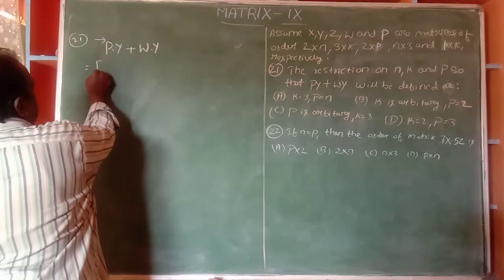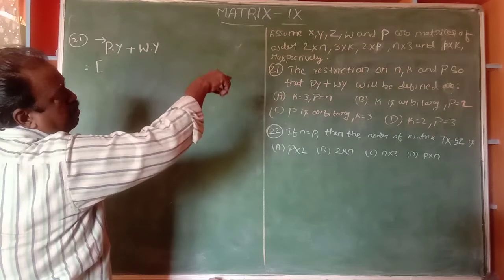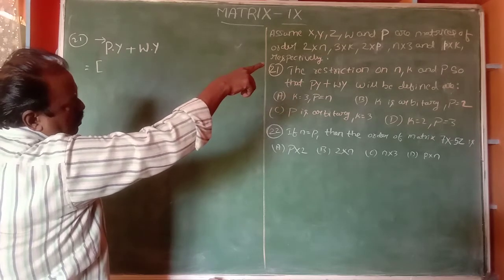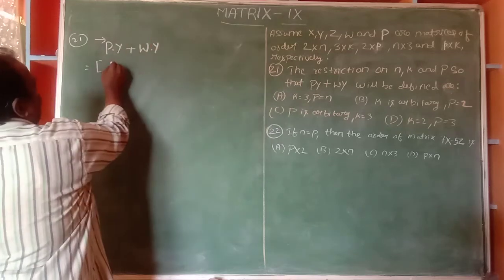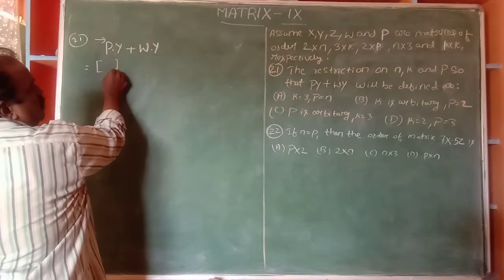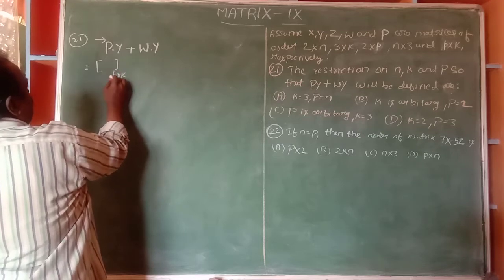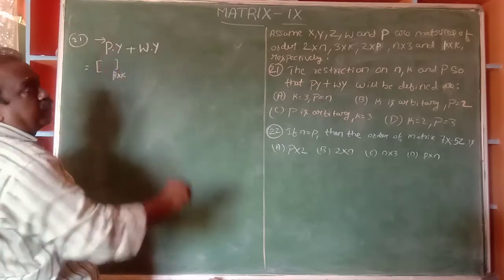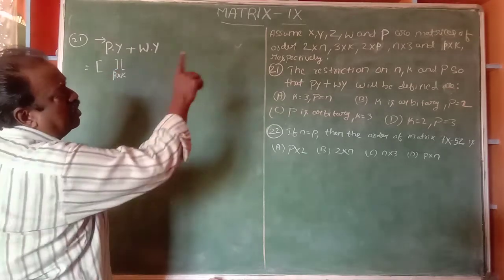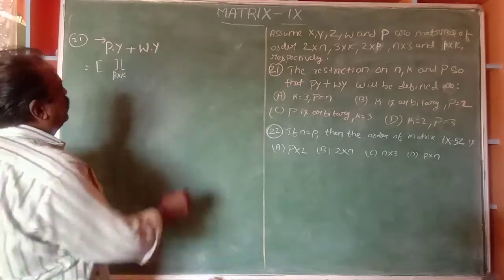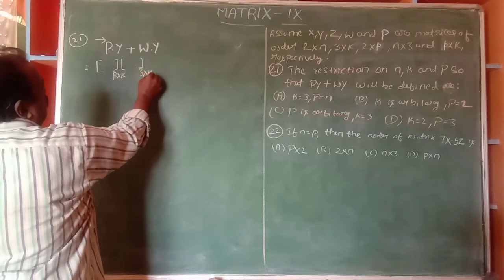What is P? P is the last matrix, and its order is small p by k, multiplied with Y. Y is the second matrix, with order 3 by k.